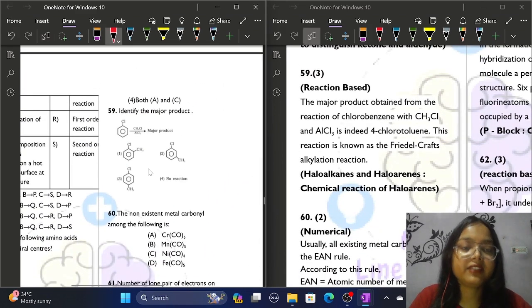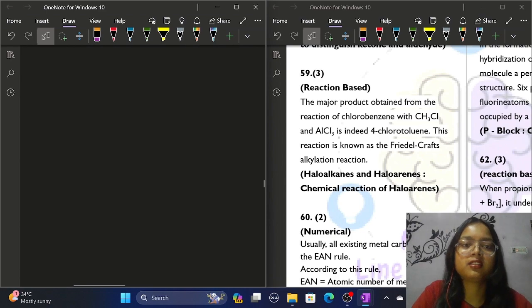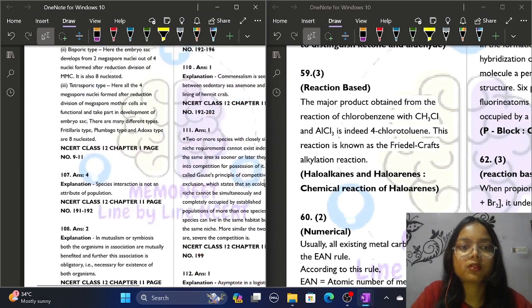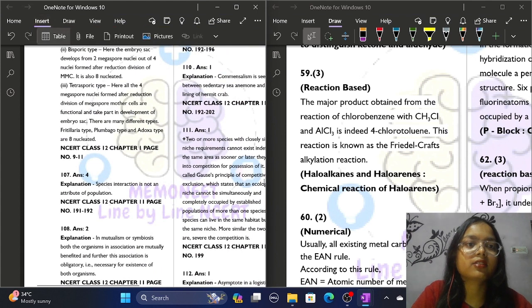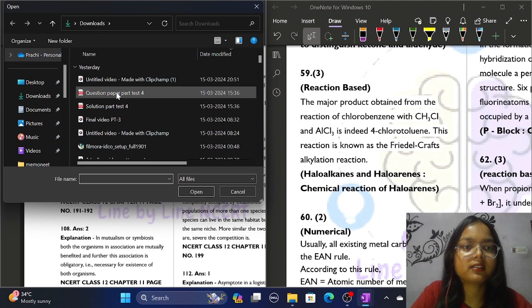For question number 59, identify the major product. Let's zoom in a little bit. Where has it gone? Just wait a second.